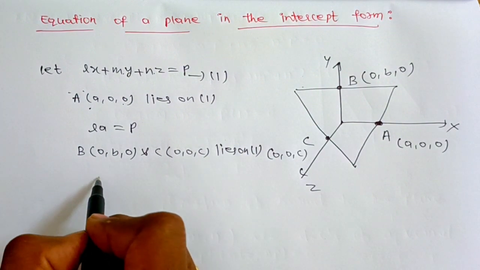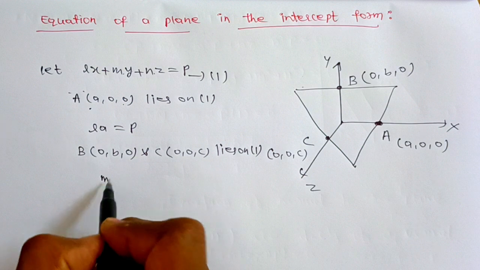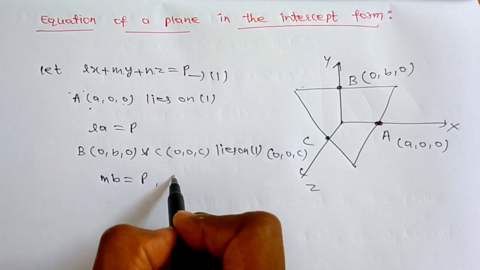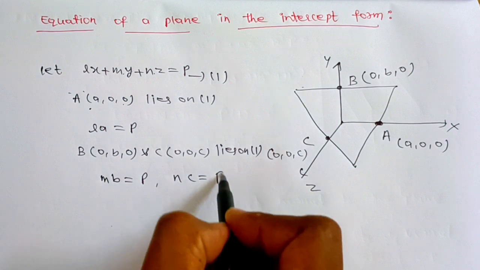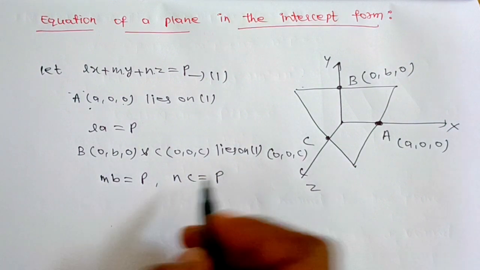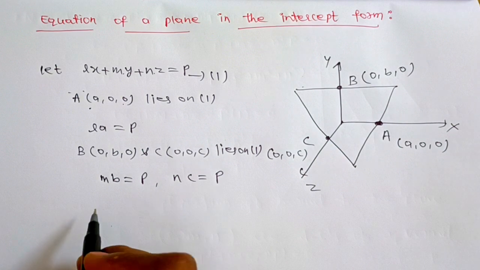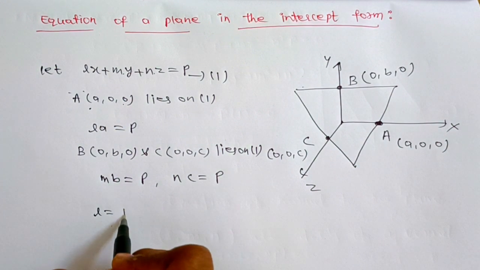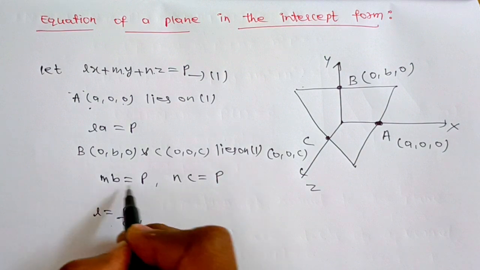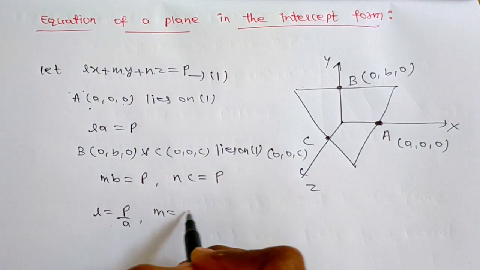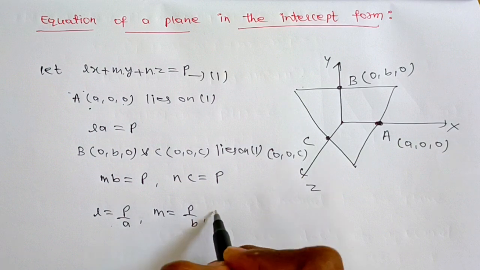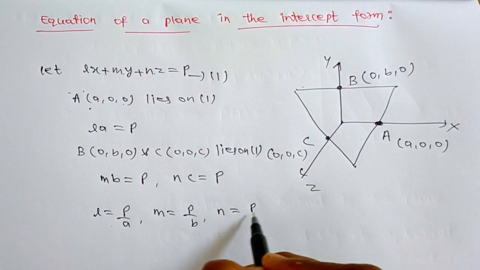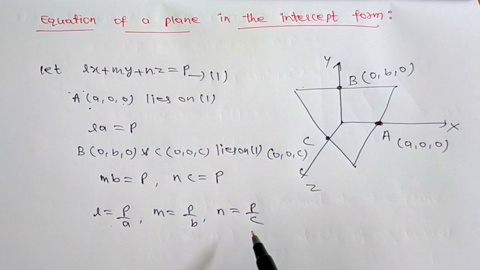Then clearly we get mb equals p, and similarly nc equals p. So clearly l equals p by a, m equals p by b, and n equals p by c.